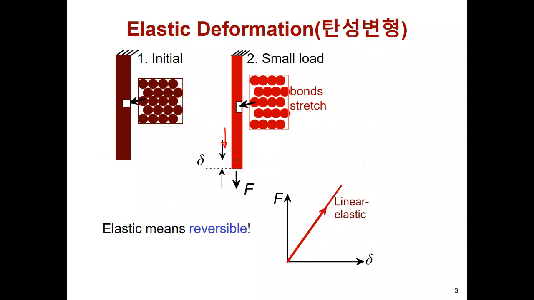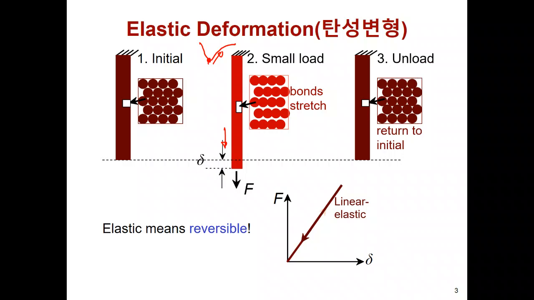In the Lennard-Jones potential curve, the energy state moves in this direction from the initial configuration. When you remove that loading, the bond distance wants to go back to its ground minimum point.